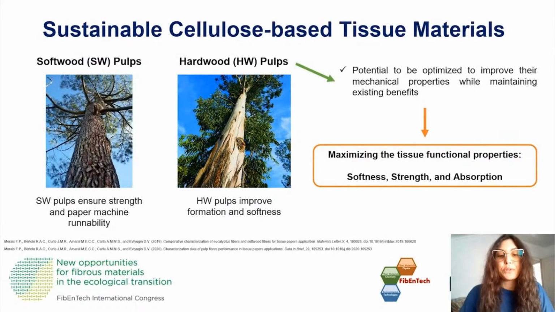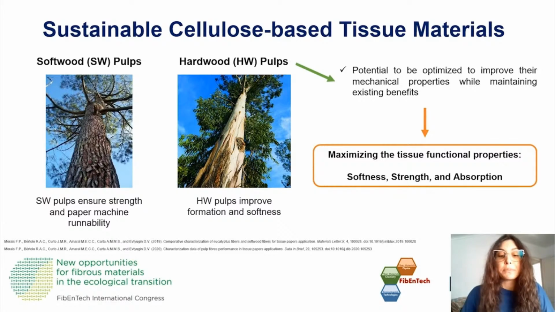Tissue papers are produced using sustainable cellulose-based materials like hardwood pulps and softwood pulps. Hardwood pulps are used to improve formation and softness, while softwood pulps are used to ensure strength and paper machine runnability.